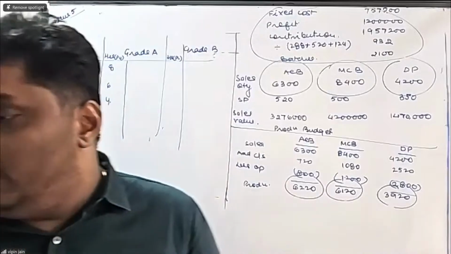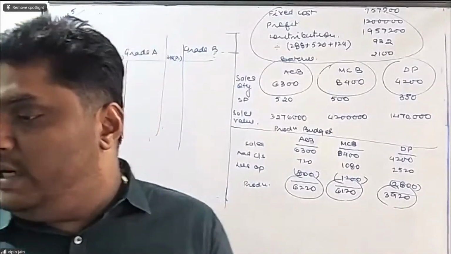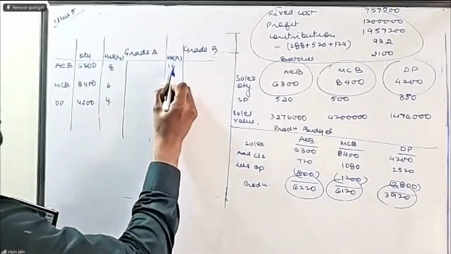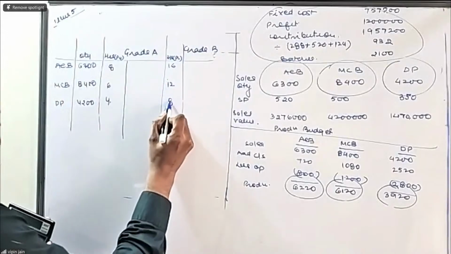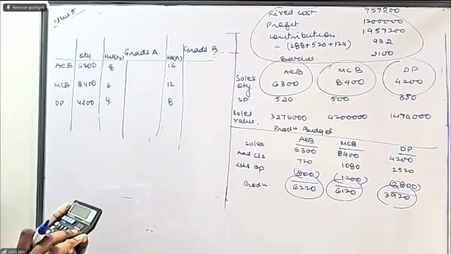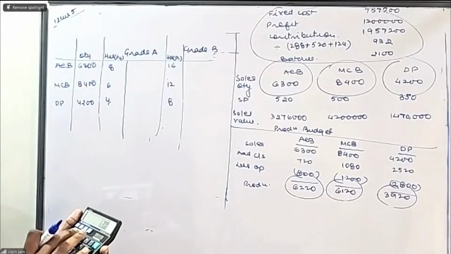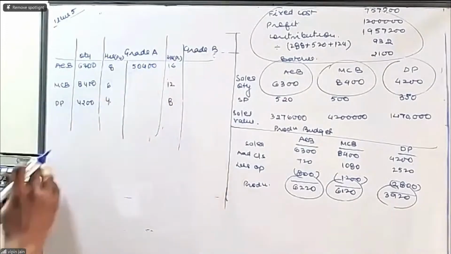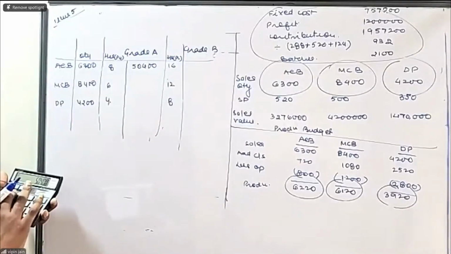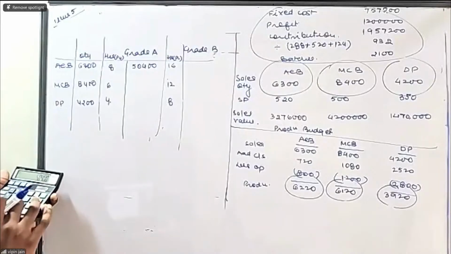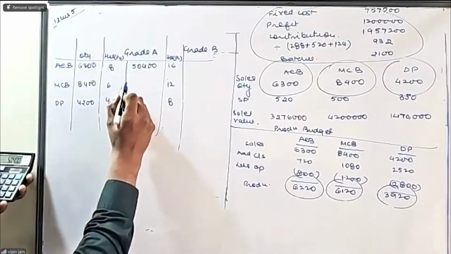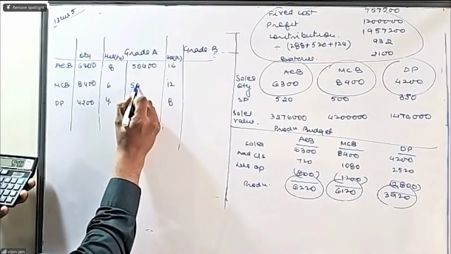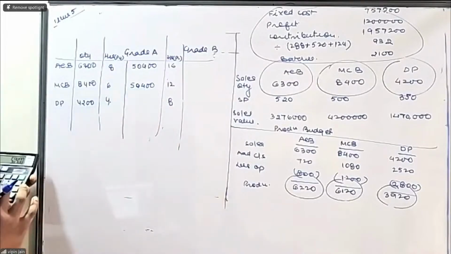Here, the hours required per unit is how much? 16, 12, and 8. So we will get the total hour requirement: 6,300 into 8, that is 50,400 hours. 8,400 into 6, 50,400 hours.